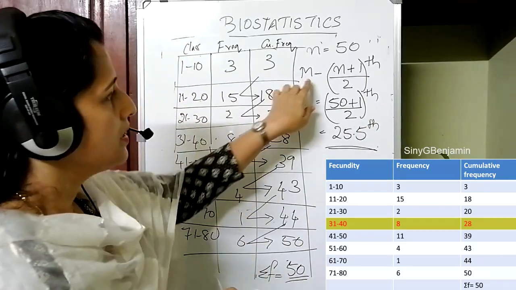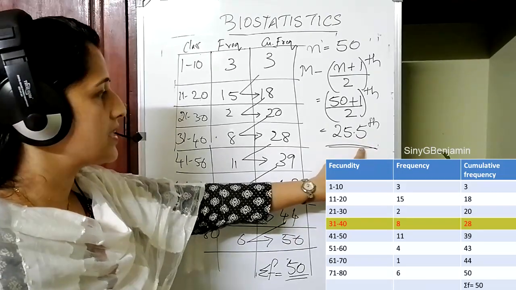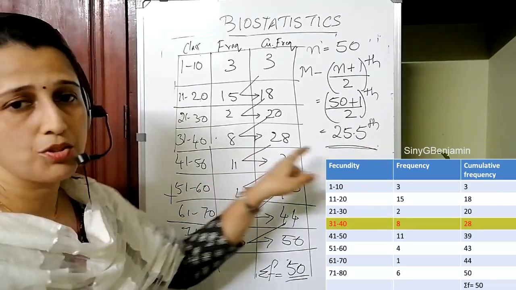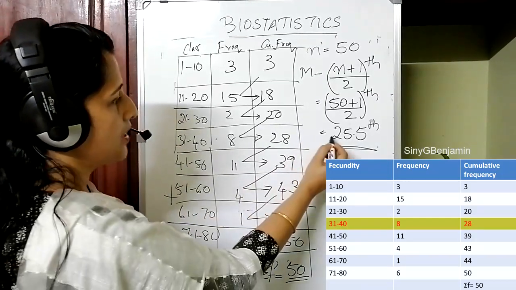So median class is the class in which the 25.5th item lies. So here we have to see where this 25.5 is coming.